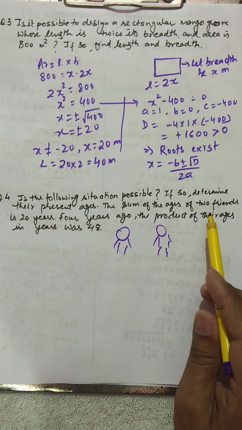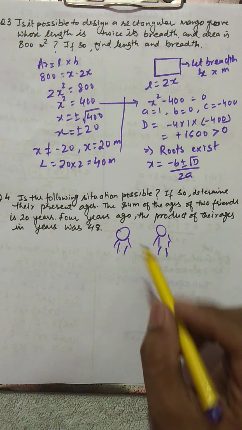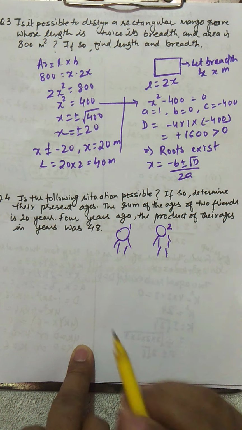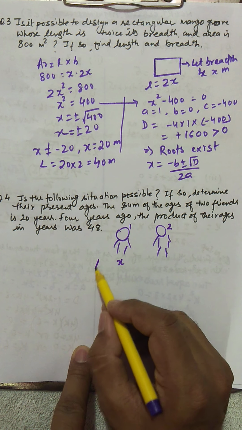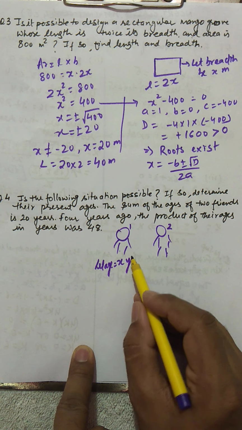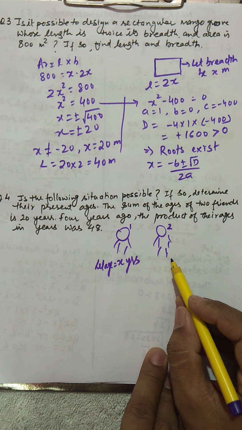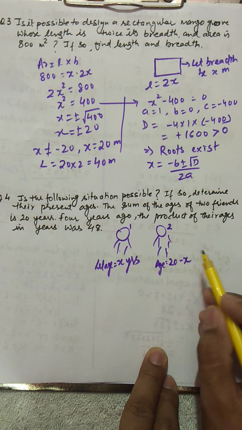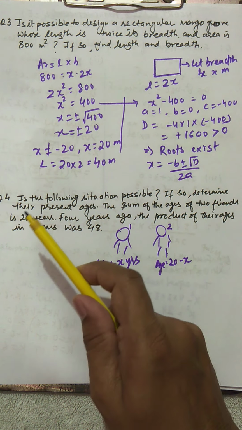The sum of the ages of two friends is 20 years. So let's say this is my first person and this is my second person. Let the age be x years. So the age of the second person will be 20 minus x, because the sum is given as 20.